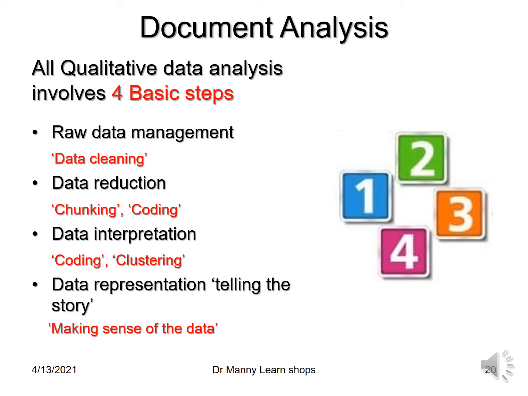If you've got information that doesn't fit into codes, chunking just means putting into groups. Then you've got data interpretation, which involves coding and clustering those codes into categories or subcategories. And then data representation means telling your story. And this is where you make sense of all the data that you've collected.